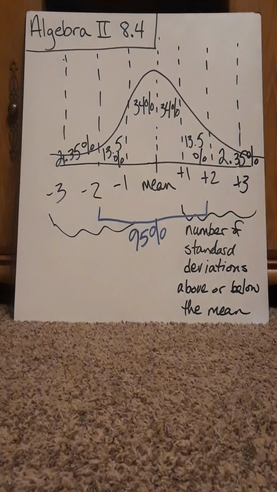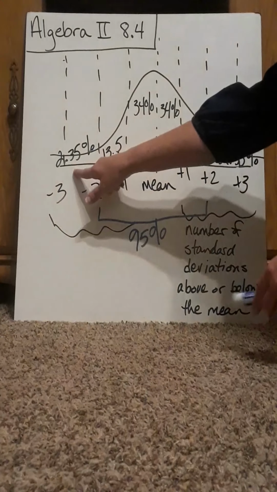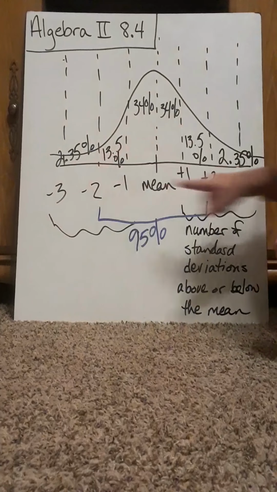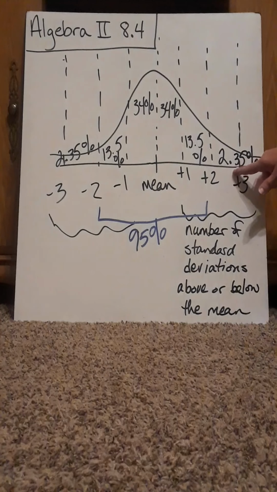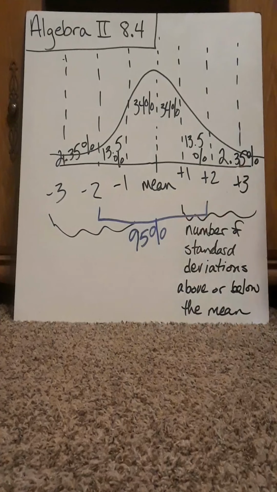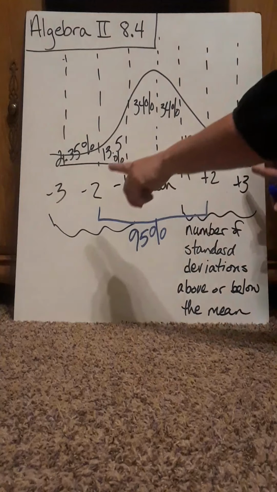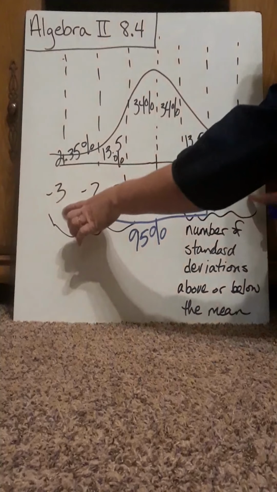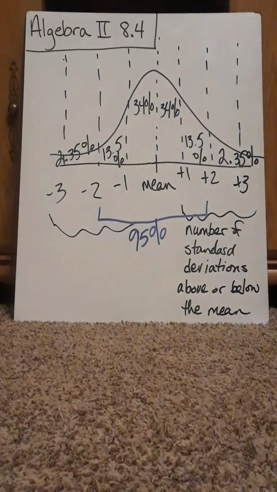For those of you who may be saying, okay, I see this 2.35% here and 2.35% here, and that doesn't add up to 5%. The reason is that the 2.35% is what's going to lie within 3 standard deviations on each side.